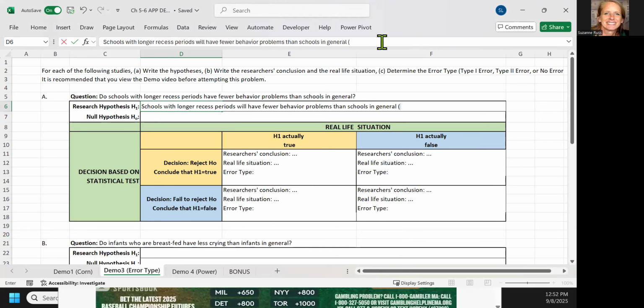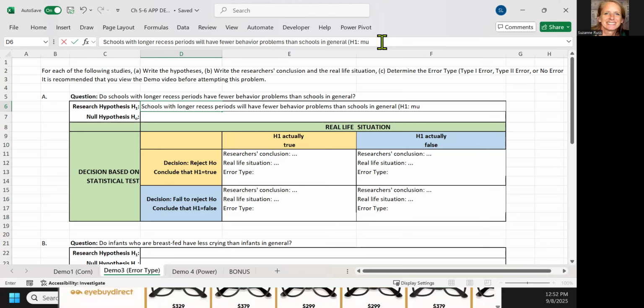Or we could do that shortcut. Remember, we want to use this now, which would be H1. The mu for population 1 will be less than the mu for population 2. So that's the shortcut way to do it.